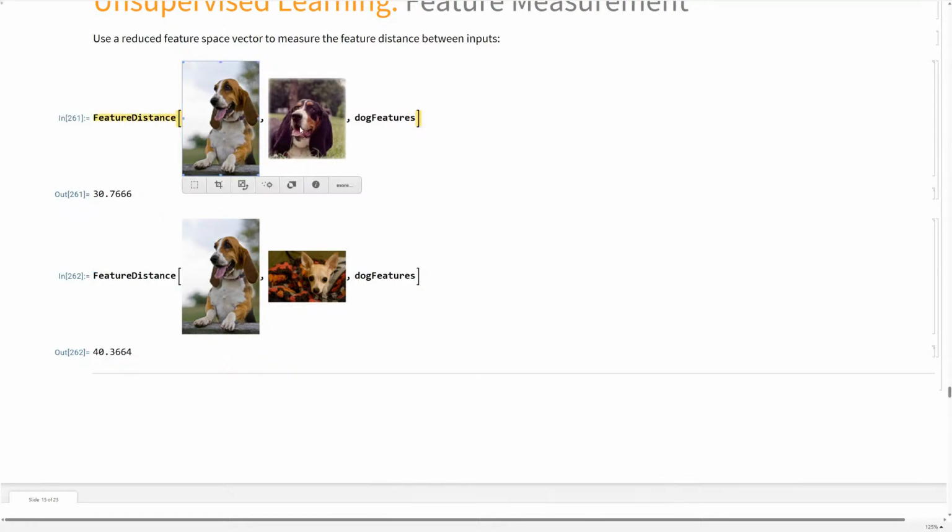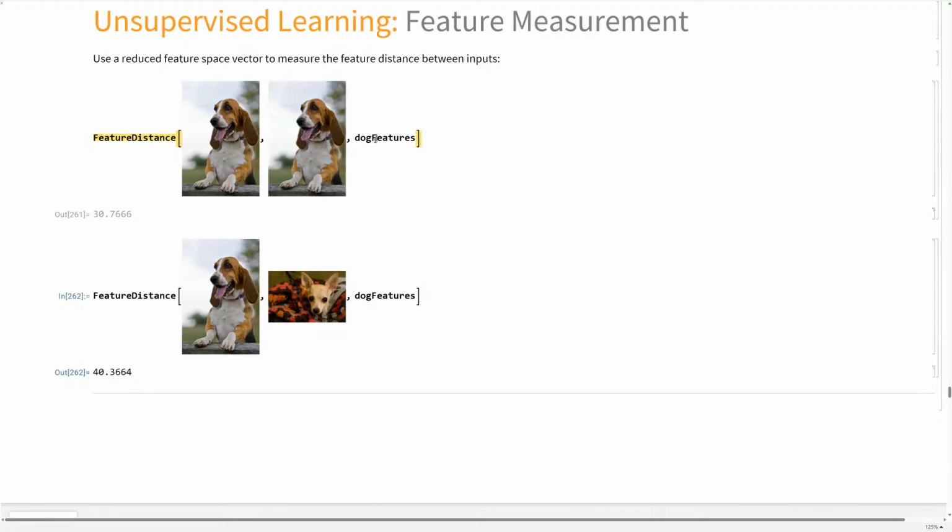And if I do this and they're exactly the same, the feature distance will be 0. So this is how the machine sees it. It translates images into vectors, some numbers, and calculates the distance in between those.